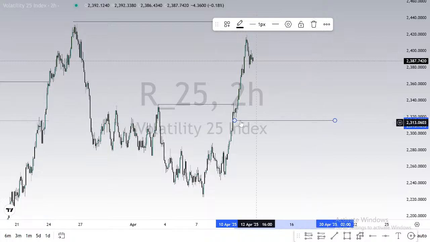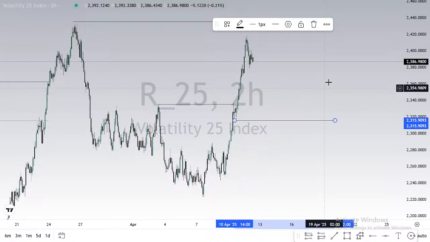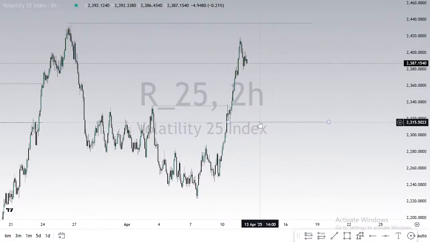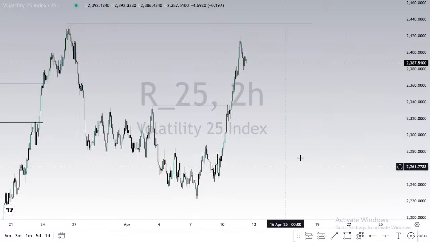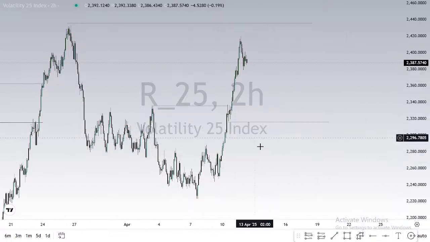Once market takes out my liquidity, all I am expecting is for market to give me a continuation or a confirmation for me to continue to take this high. So since I have marked out my change of character, I have marked out my liquidity, I necessarily do not have to mark out just any point of interest. I am just going to wait for market to give me a confirmation when it gets around here.